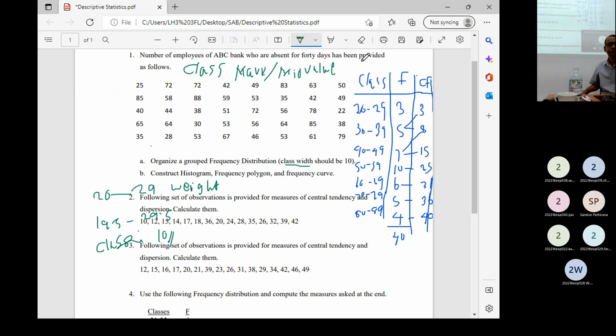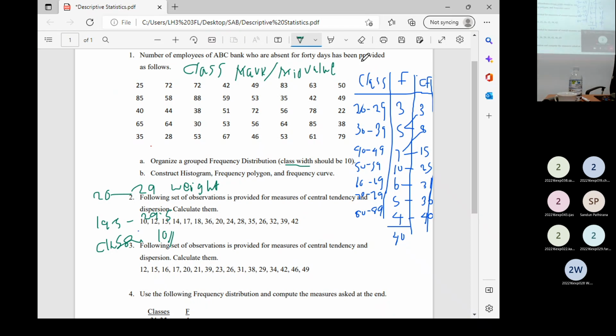Class mark. Right, in every class you can see the center point value. That center point is considered as the X value for the calculations. Right? Center point value, that is called mid value.